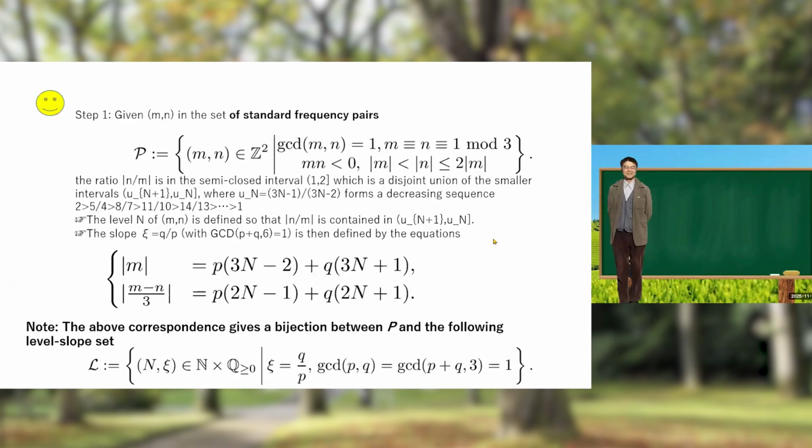And it is not difficult to show that the standard frequency pairs are in one-to-one correspondence with pairs of positive integers and positive rational numbers. Both of these sets are countable, so it is not difficult to imagine the bijection between this set and this set.